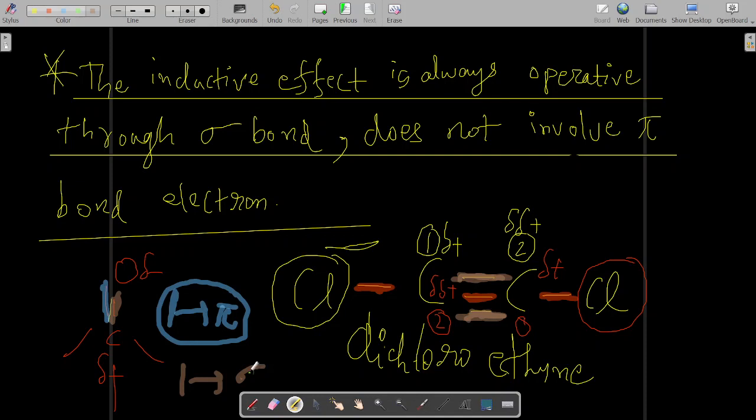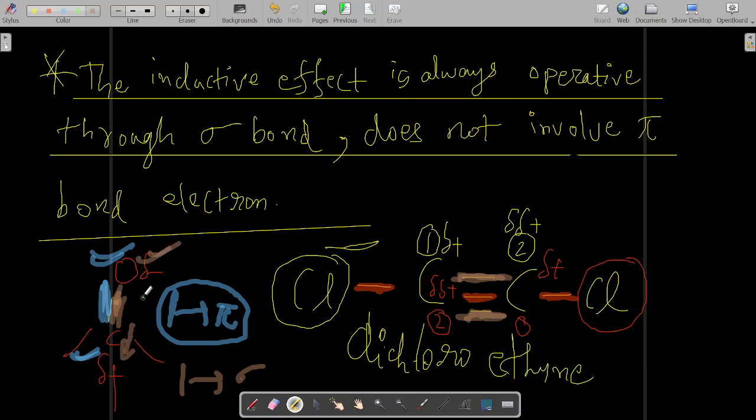The electron cloud of the pi bond between oxygen and carbon will spend equal time with oxygen and carbon, but the electron cloud of this sigma bond will spend more time with oxygen and lesser time with carbon.